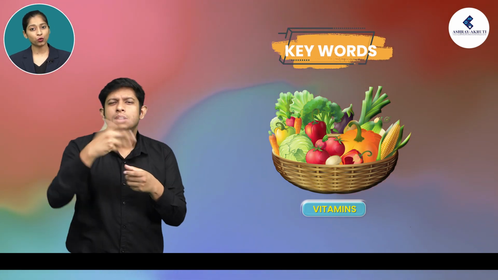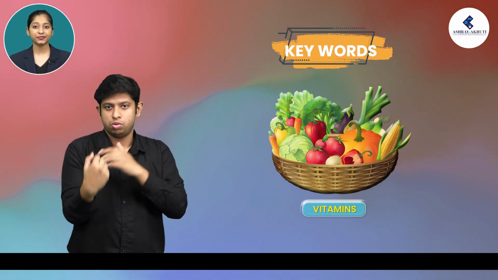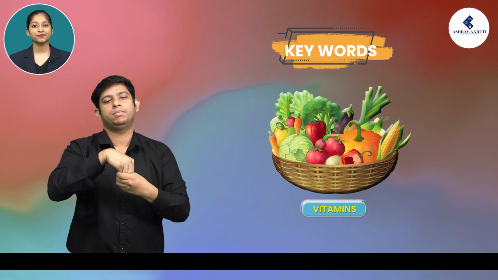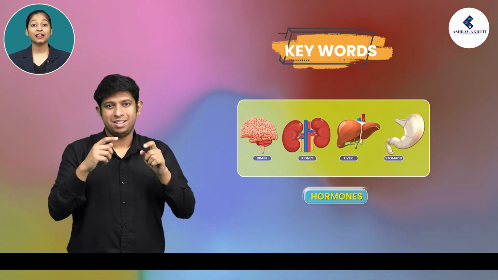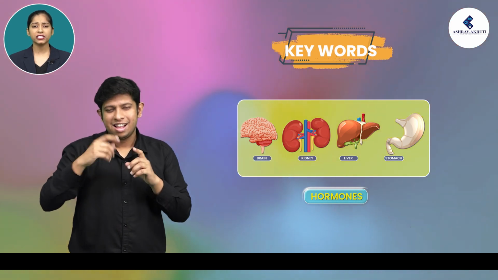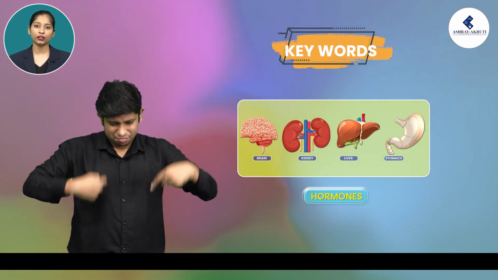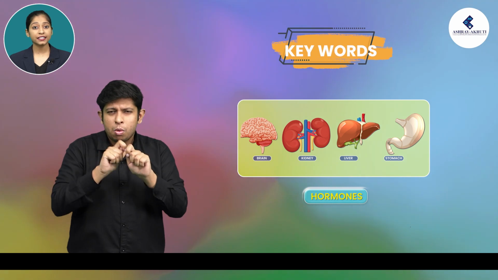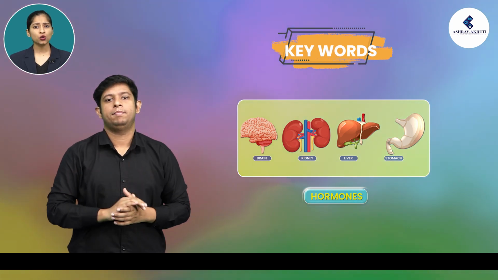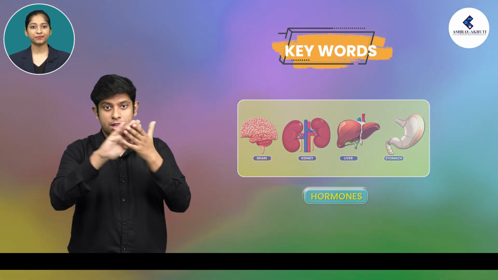Keywords: Vitamins: organic compounds essential for growth, present in fruits and vegetables. Hormones: control actions of certain cells or organs, circulated in the bloodstream, stored in some glands.